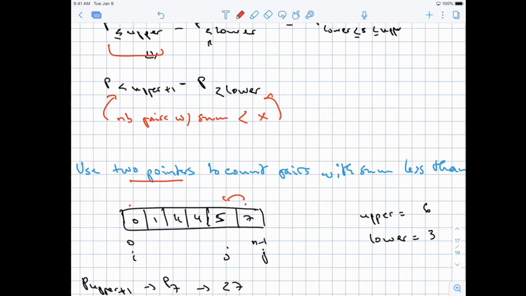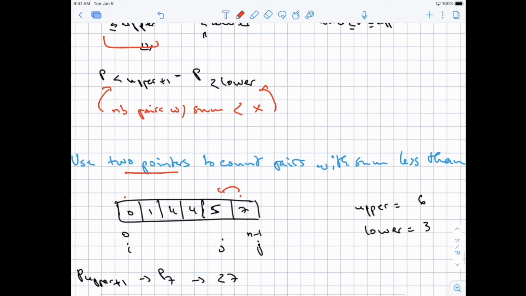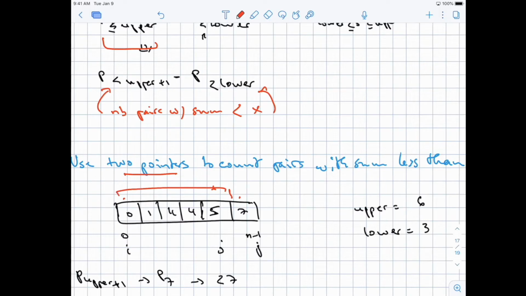So we keep moving it to the left until the sum is smaller than x. And the first time we find that the sum is smaller than x, for example here at 5, well, that means that this entire portion is pairs that have sum smaller than x, because taking the biggest value, right?